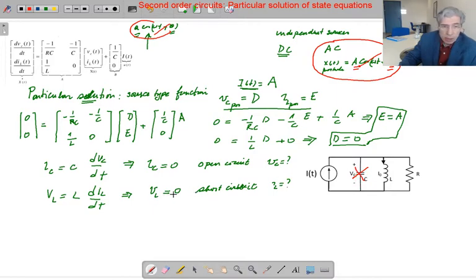And the inductor voltage equal to 0 is short circuit, that means this is going to be a short circuit. You're going to make it like that. Since this resistor is connected to the inductor in parallel, the voltage of the inductor is also the same as the resistor voltage. If you consider the resistor definition relation, VR equal to 0, R is different from 0, so IR equal to 0.